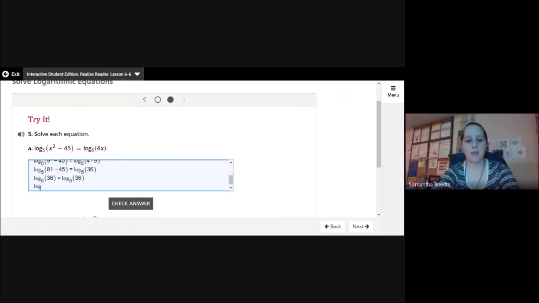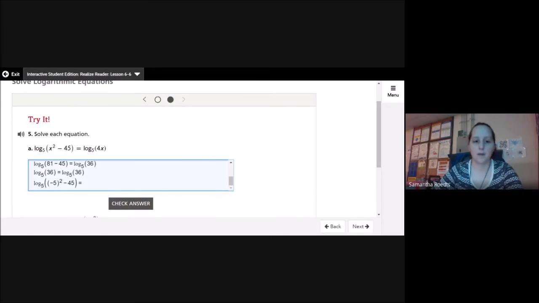So I have log base 5 of negative 5 squared minus 45 equals log base 5 of 4 times negative 5.